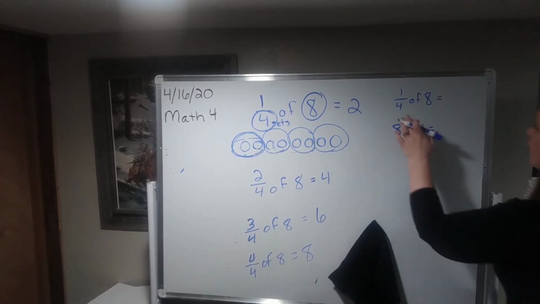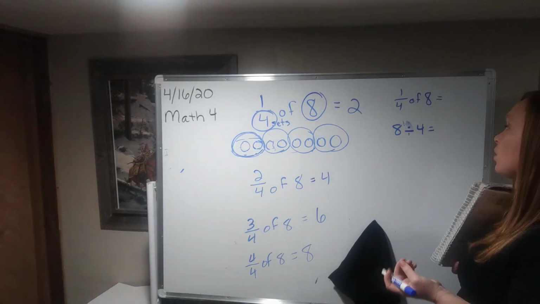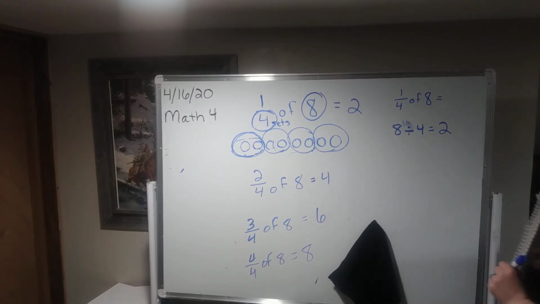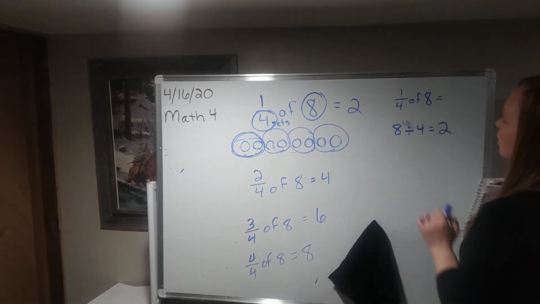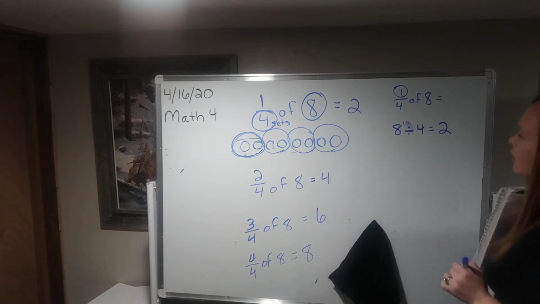What is 8 divided by 4? 8 divided by 4 is 2, and that was my answer. That is my answer for 1/4. Anytime we have a 1 as the numerator, that's simply our answer.